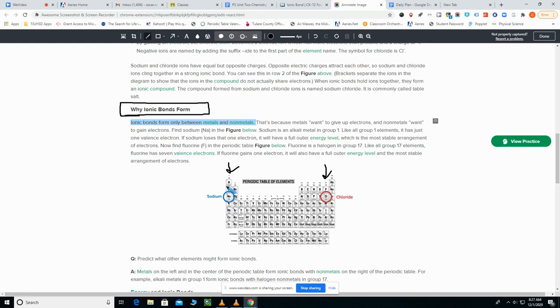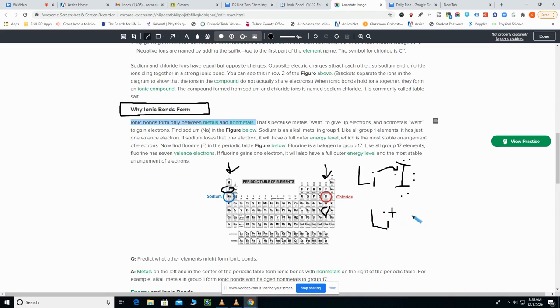For example, we could take lithium right here, and lithium, if you remember, has one valence electron, and we could take iodine in group 7A, which has 7 valence electrons, and we use our Lewis dot notation. If lithium loses that valence electron, then it's stable, and it has a charge of +1 in its ion form.